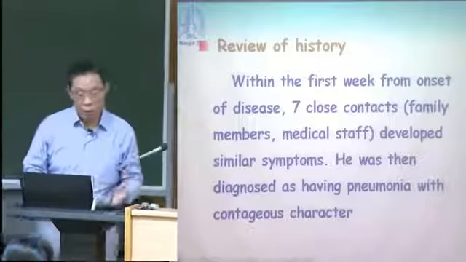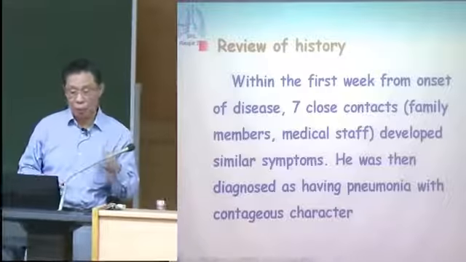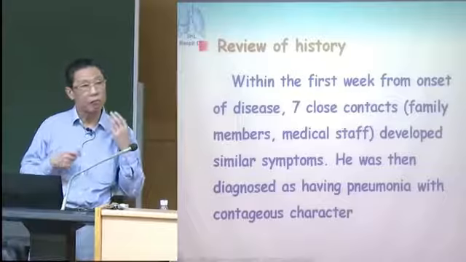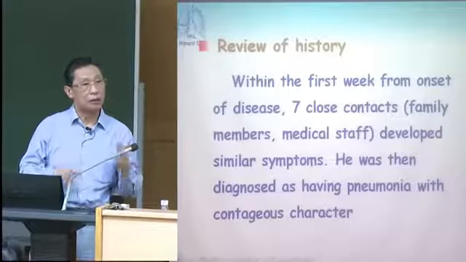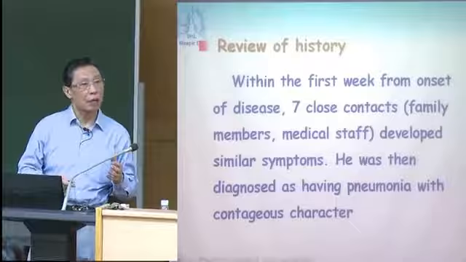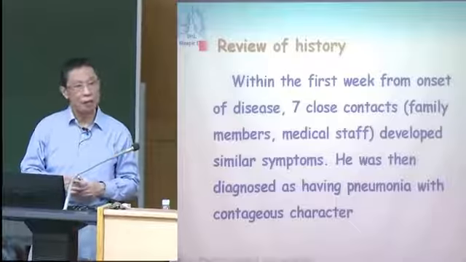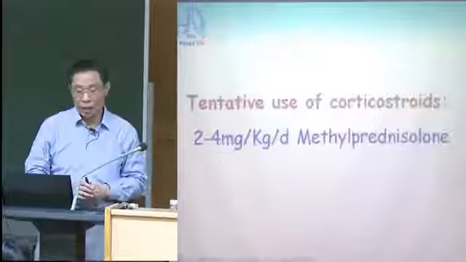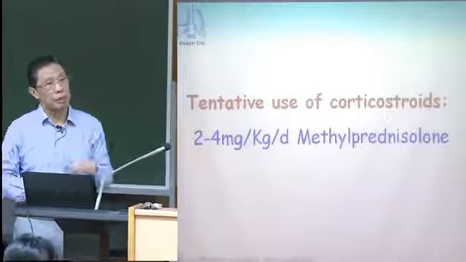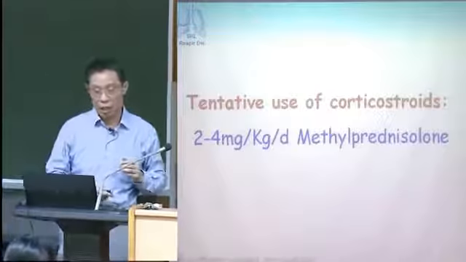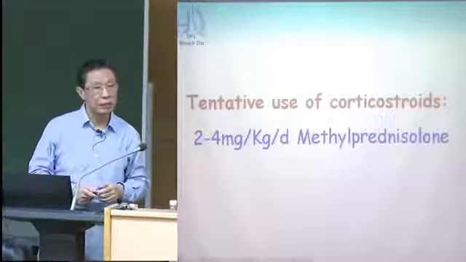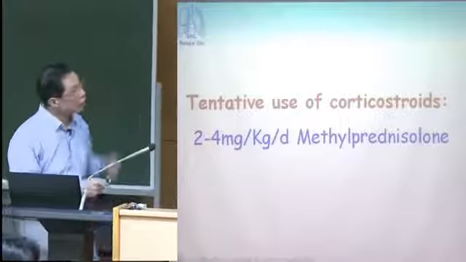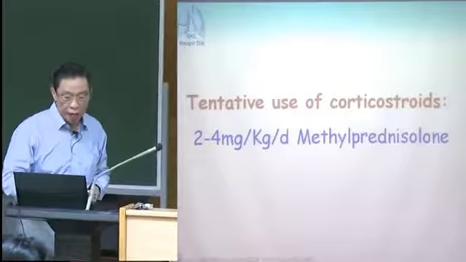Okay, we suppose this disease has some character of contagious infection, infectious, 传染性. And that's the second point. And the third point, we gave this patient a tentative use of corticosteroid, 皮质激素, at this dose, and then found this.